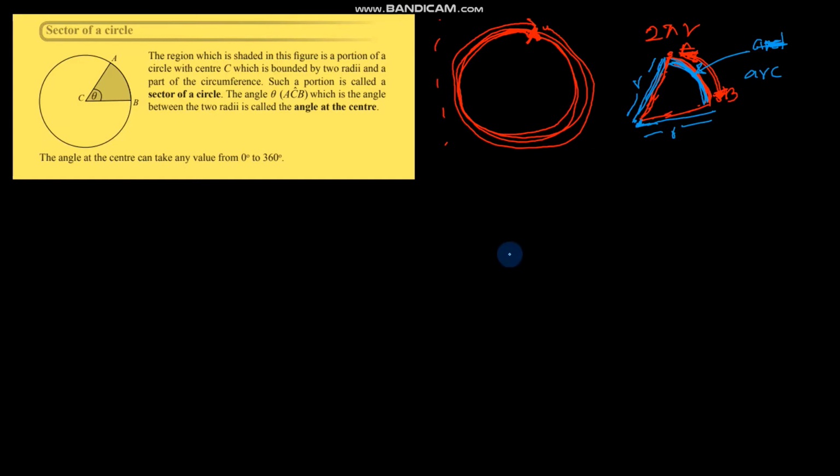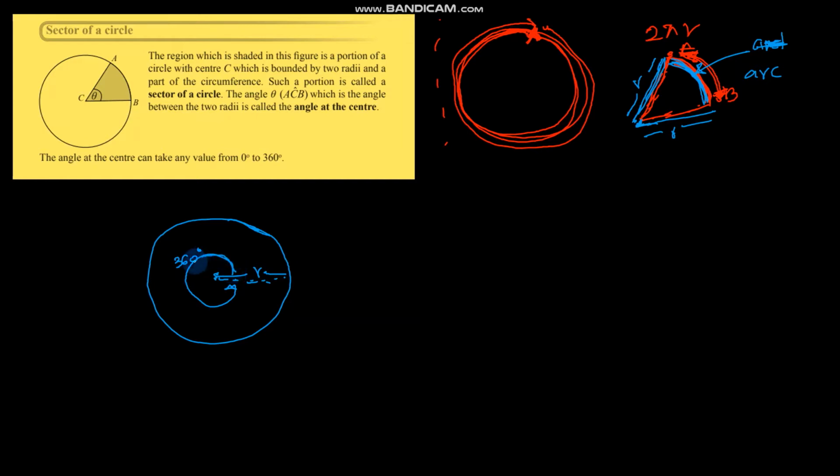So how are we going to find this? Let's take the full circle, right? When it comes to the full circle, one thing you have to remember is the angle of it. From here to here, what is the total angle? That is actually 360 degrees. This is not something you're going to get in your syllabus, but this is something you can learn at this point as well.